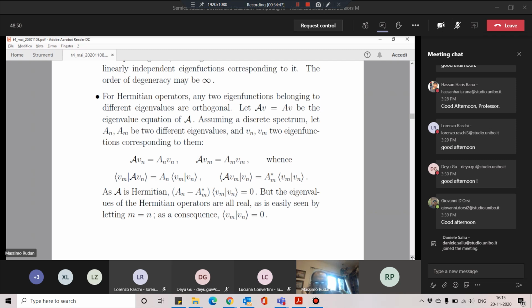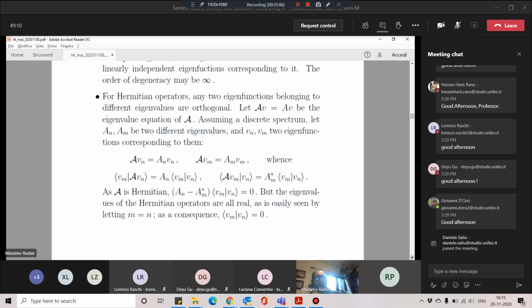That means that the two eigenfunctions are orthogonal to each other. Conclusion, and this can be repeated for any choice of the numbers n, m.